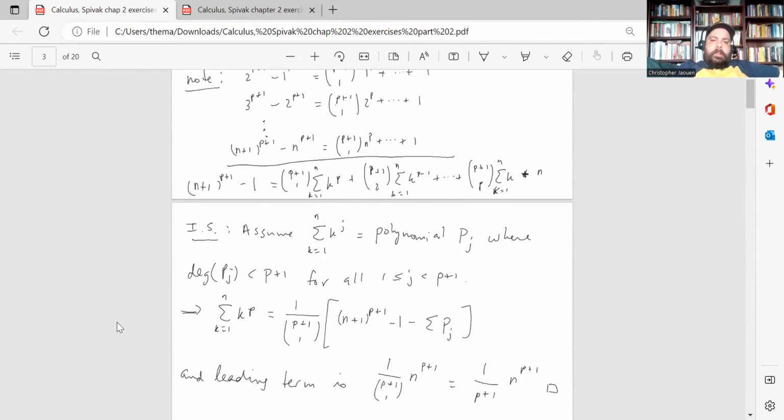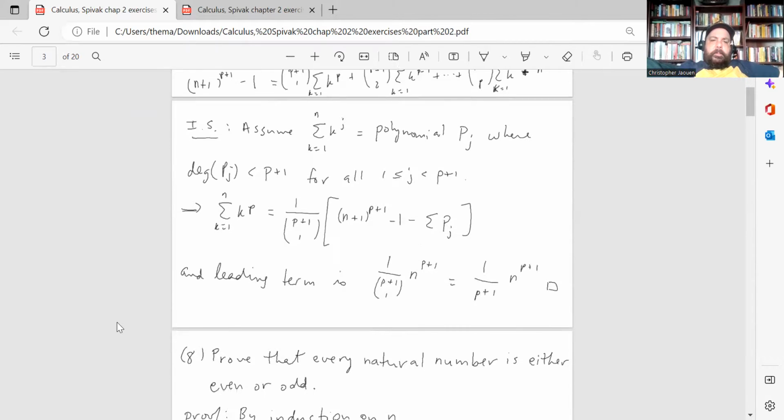Okay, so for that formula, if we use the inductive step here, I made up a shorthand notation just because it's kind of unwieldy to write here.